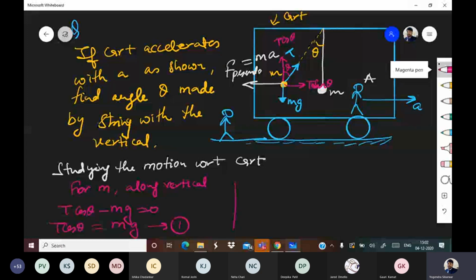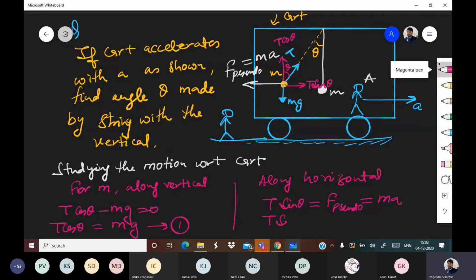Along horizontal, T sin theta is equal to F pseudo, and how much is that? It is ma. So T sin theta is equal to ma, and that is equation number 2.